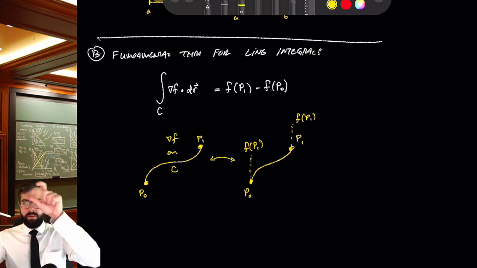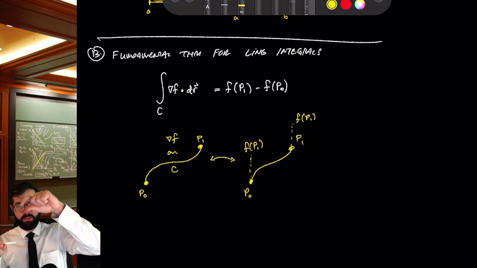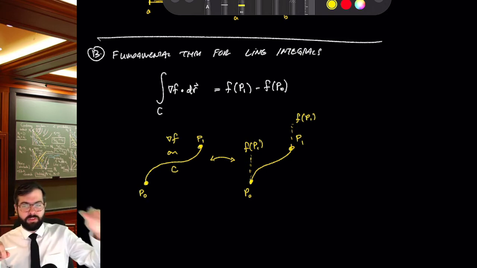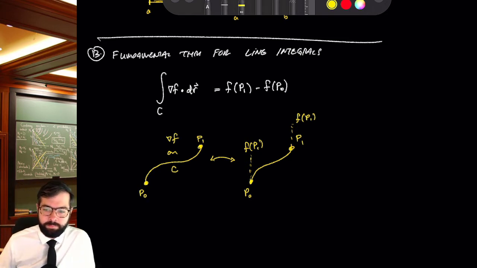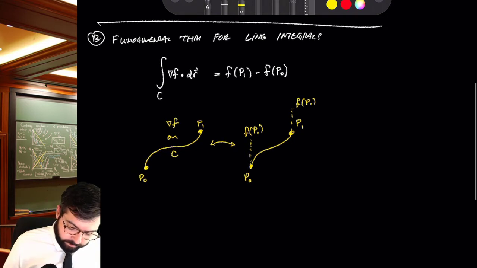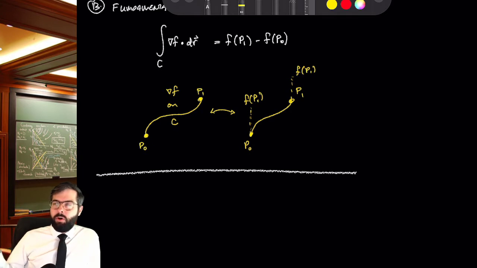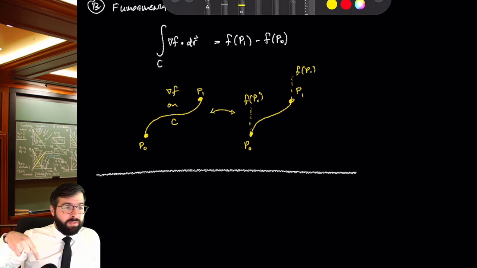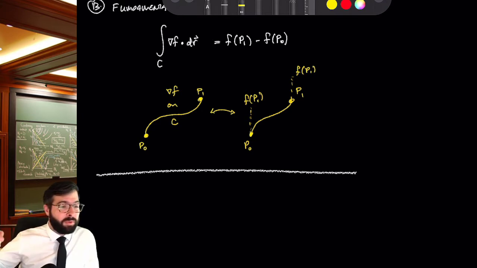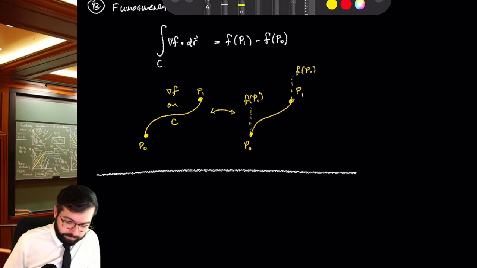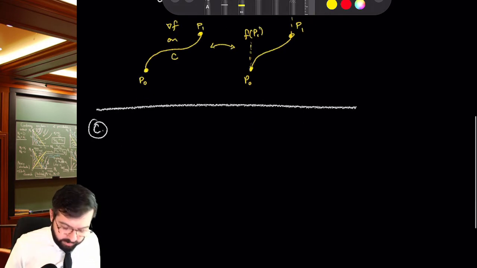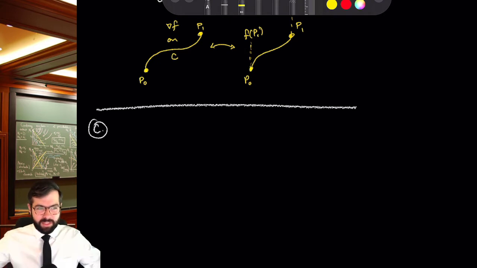So it related, again, the values at the boundary points to the sum of all those derivative values. So it allowed us to go both ways on that equal sign, saying that I could either just evaluate the two boundary points, or if I don't know what those are, I could get the net change from just taking the line integral. So I either know about the interior or I know about the exterior, and one tells me about the other.